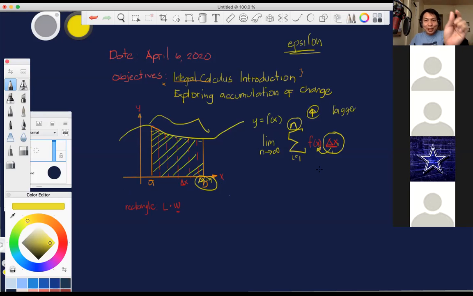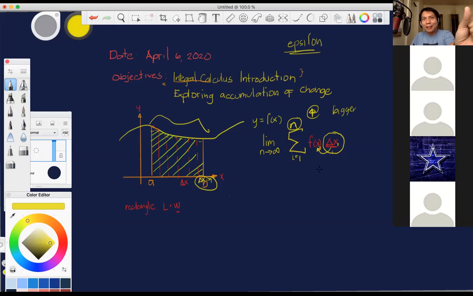The more strips that we have, if we try to add them together, this is where the idea becomes very strange, because we want to use the idea of infinity to define definite values or definite numbers. Isn't that strange?